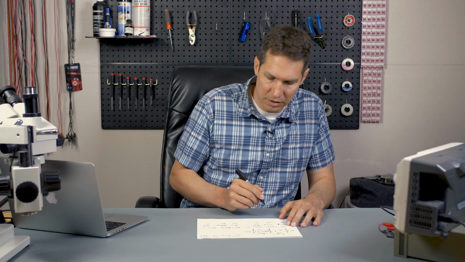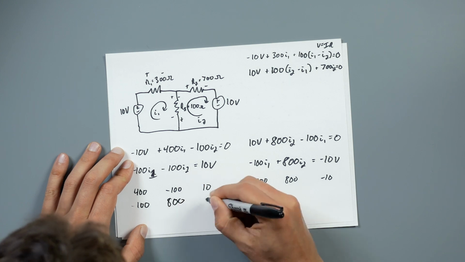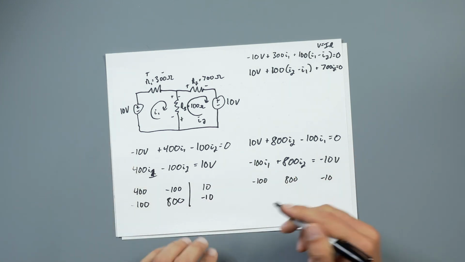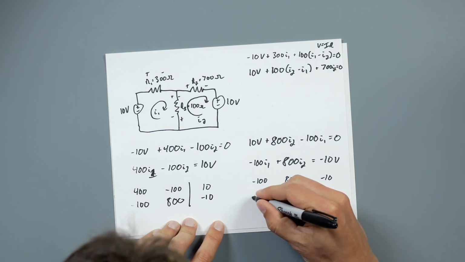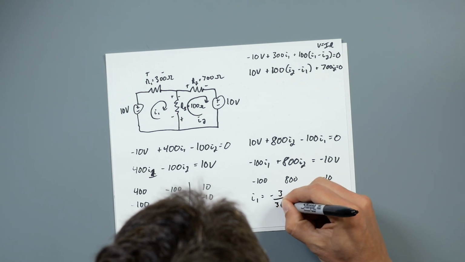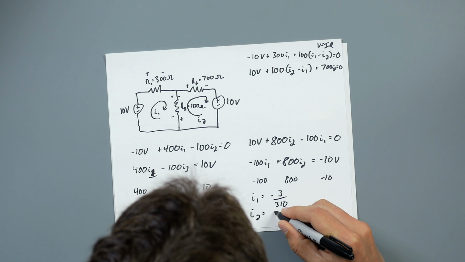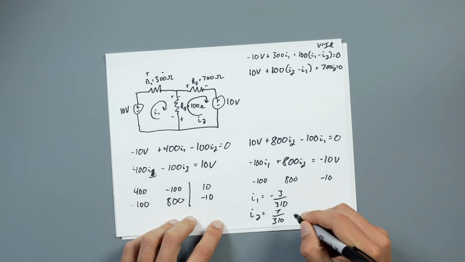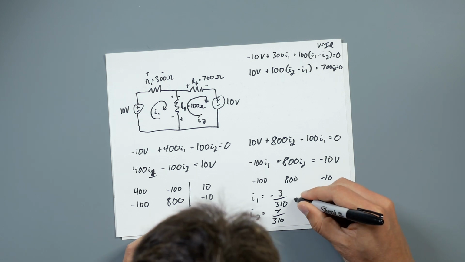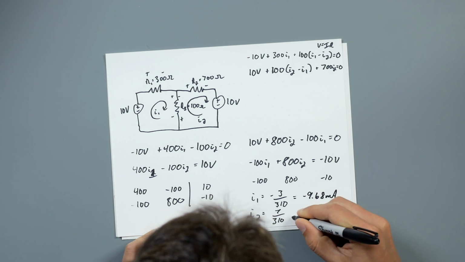I just stuck this in the calculator, and I put it in this format, and did the solutions, and it came out giving me I1 is equal to negative 3 over 310, and then I2 gave me positive 7 over 310, which negative 3, that's negative 9.68 milliamps.